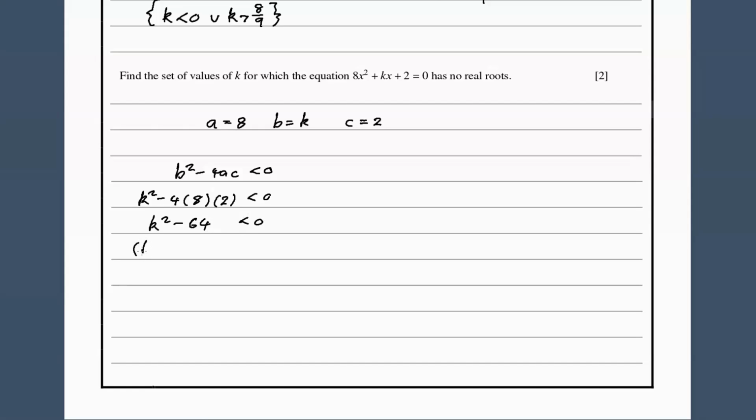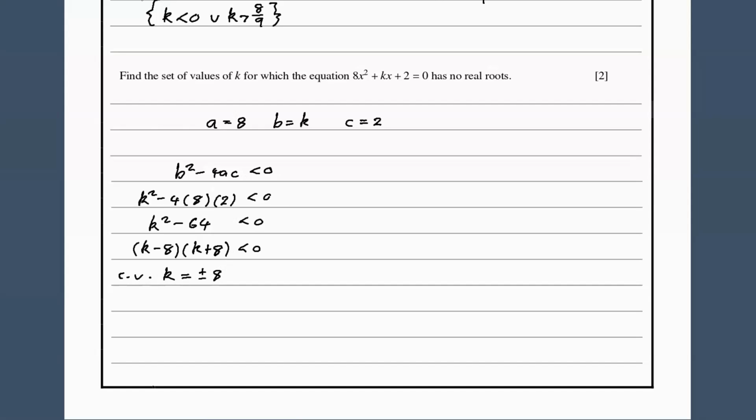So that's a difference of 2 squares. So it's k minus 8 of k plus 8 is less than 0. And the critical values, by equating this to 0, we get k to be plus or minus 8.